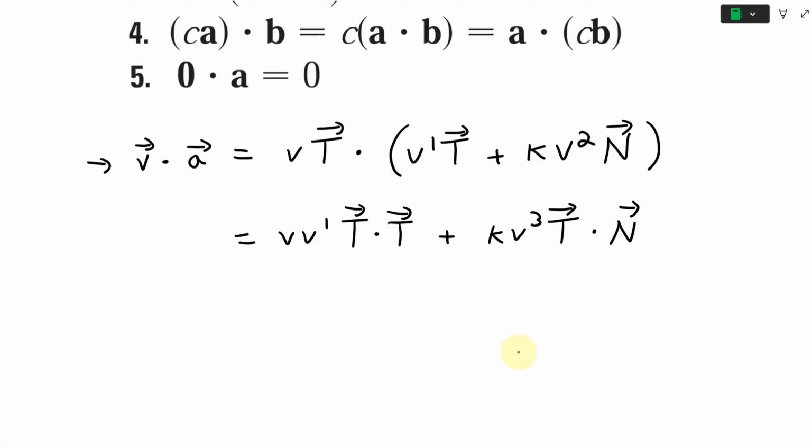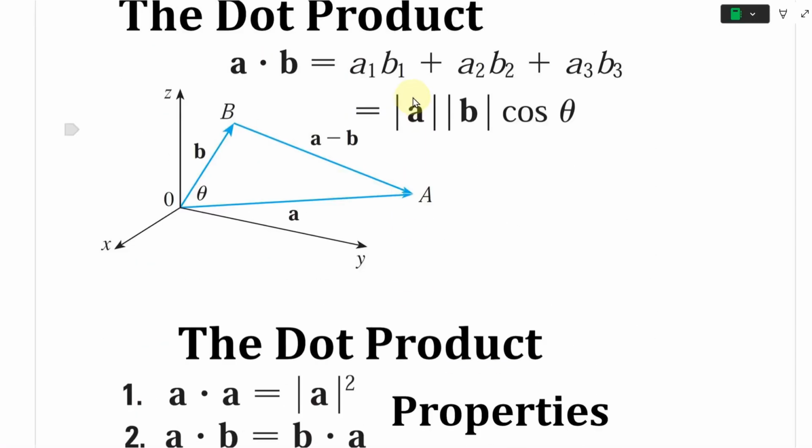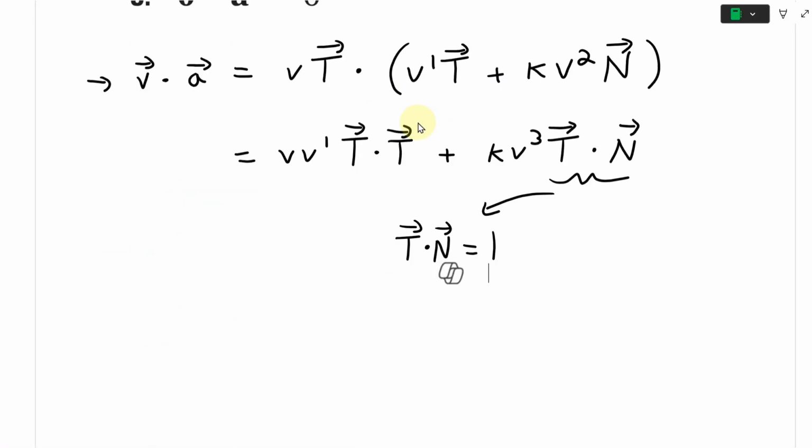Look at this setup right here. These are a tangent and a normal, so they are perpendicular to each other. So we're going to get T dot with N. Using the geometric equation, this one right here, it equals the magnitude of each one.